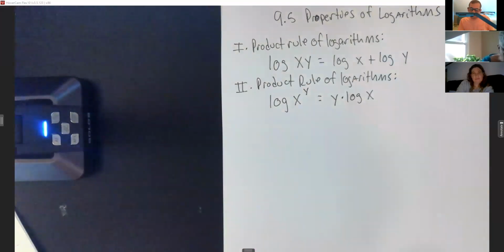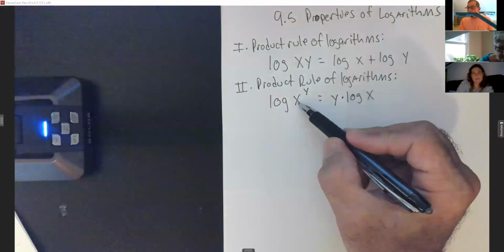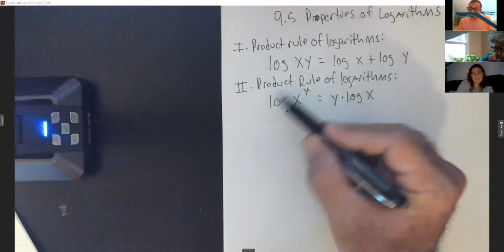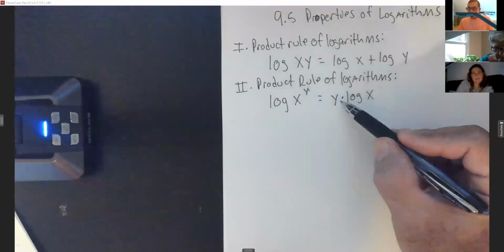Okay, so when you got a log of a variable or number with an exponent, you bring the exponent down to the front and write it as a product.